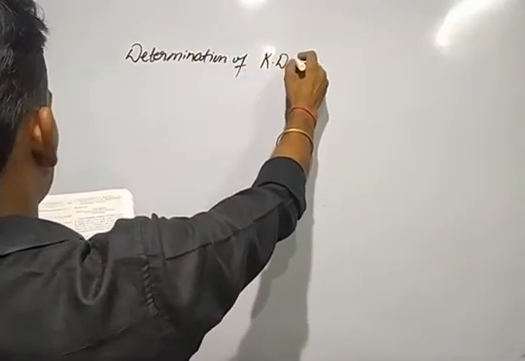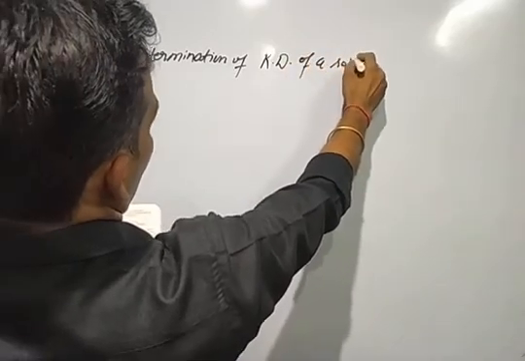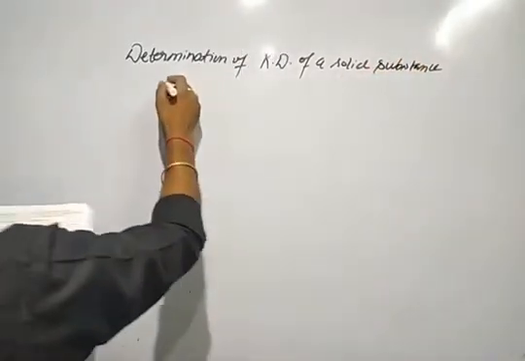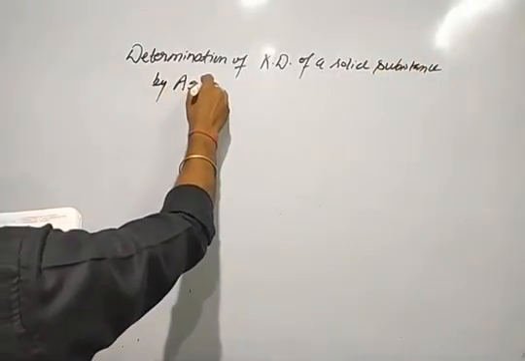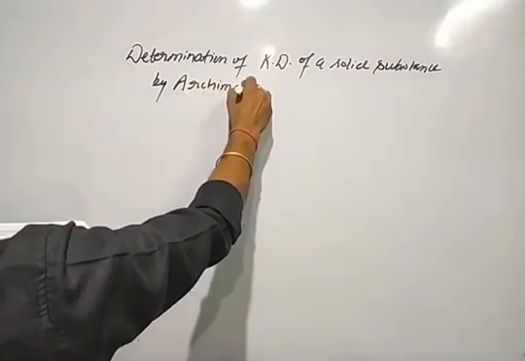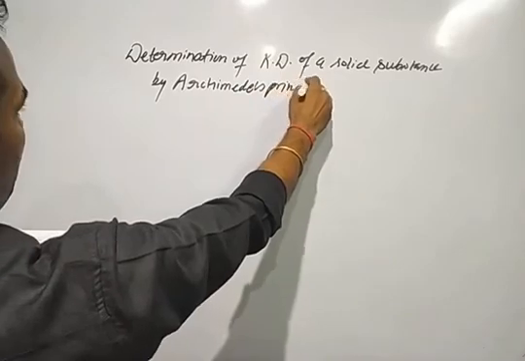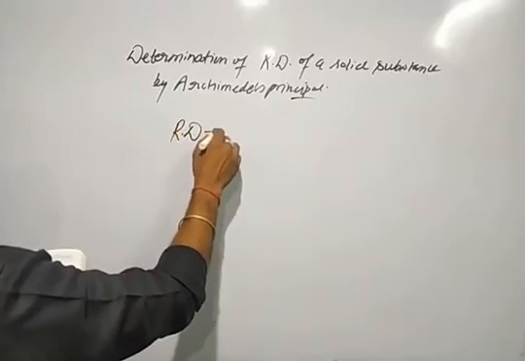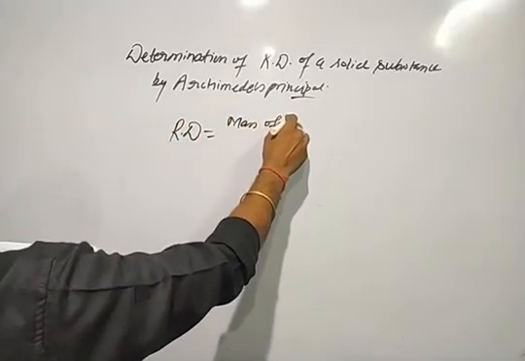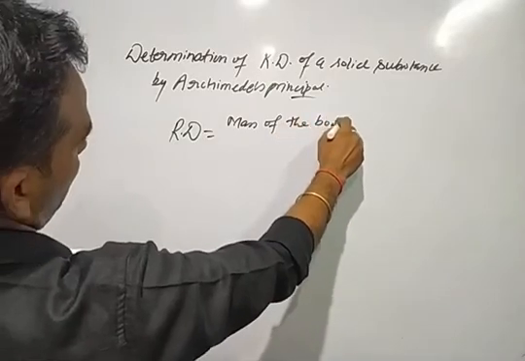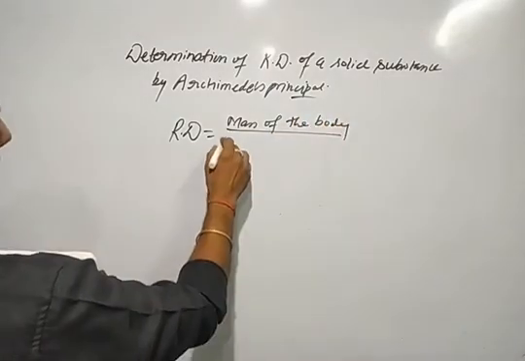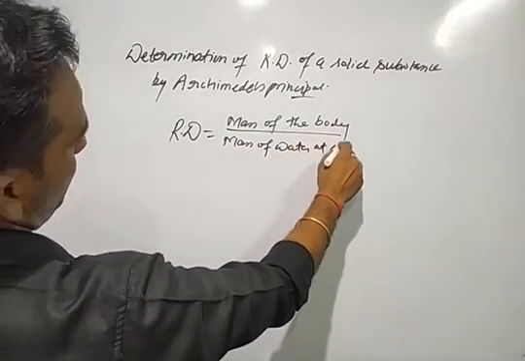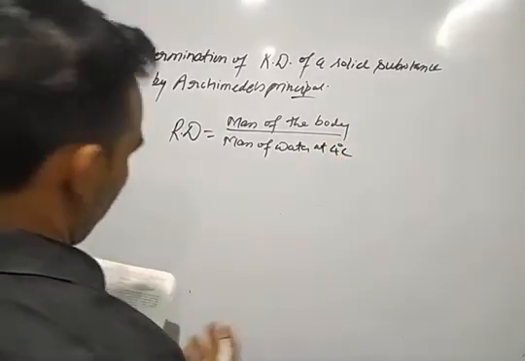Okay, now we all know relative density is equal to the mass of the body upon the mass of water at 4 degrees centigrade, with volume equal to that of the object.